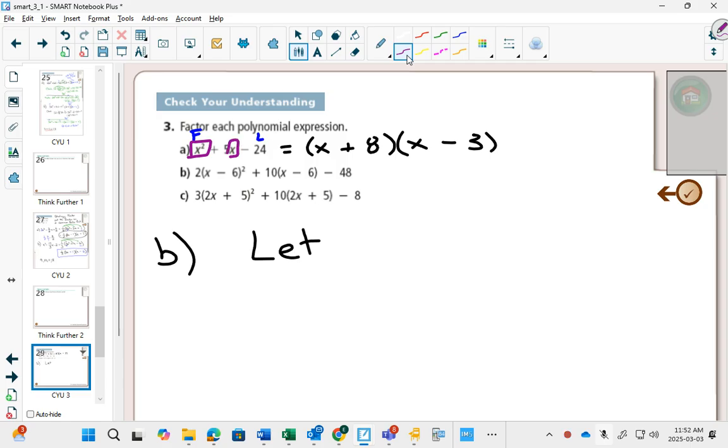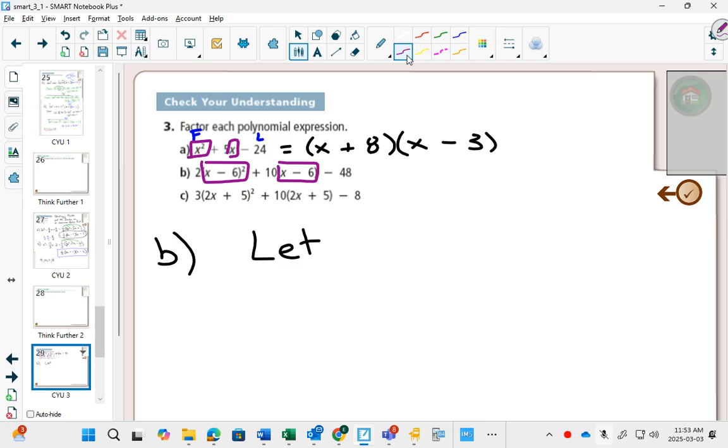That's a trinomial. In B, the key is recognizing that I have something squared and then that something again. It's the same idea as A, but this time the something looks not as nice to factor.